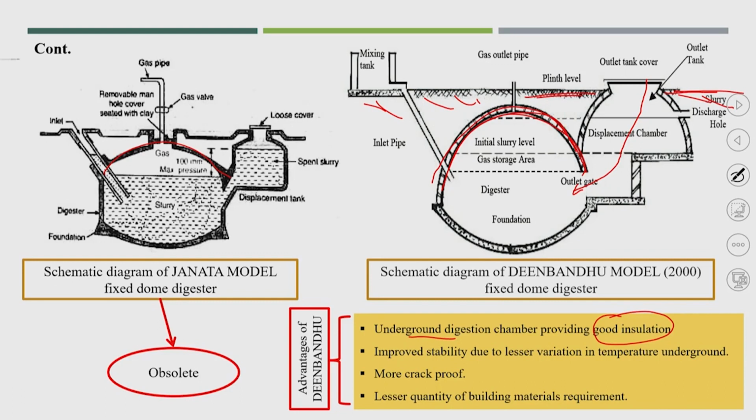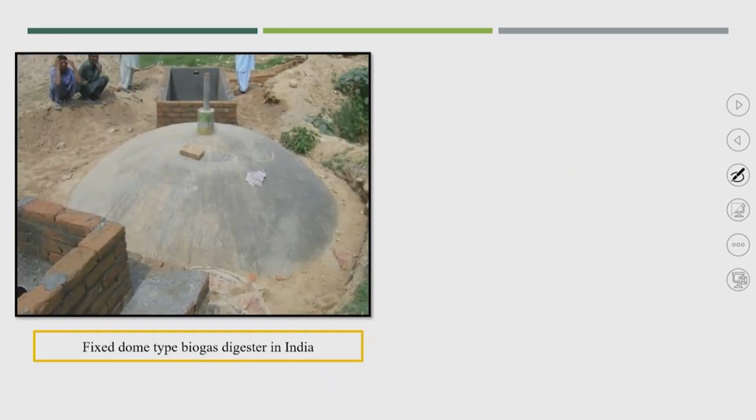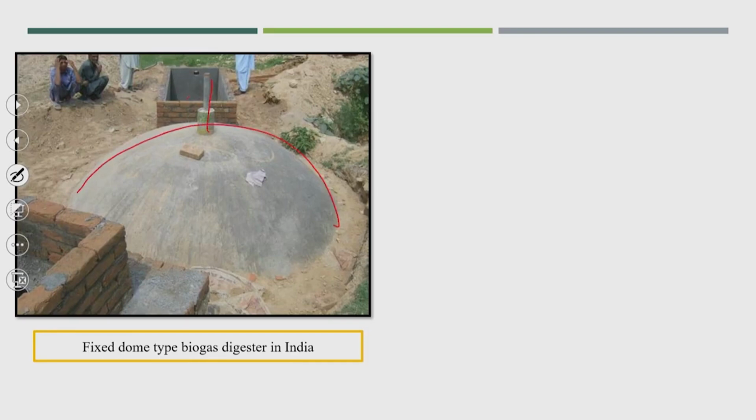Improved stability due to lesser variation of temperature underground, more crack proof and lesser quantity of building material requirement. That was the benefit of the Deen Bandhu model. So, you can see here the same one. This could be an inlet, this is the dome. One pipe is coming out for the gas and this is the outlet tank.